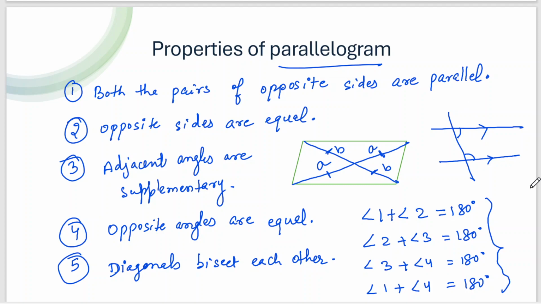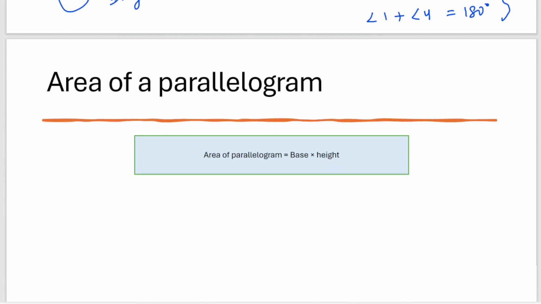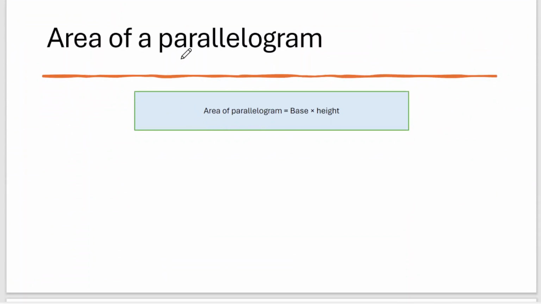Okay? Now, how can we find the area of a parallelogram? See, if you have any parallelogram, you just have to remember this formula to find the area of a parallelogram. That means you are going to multiply base with height. Okay.